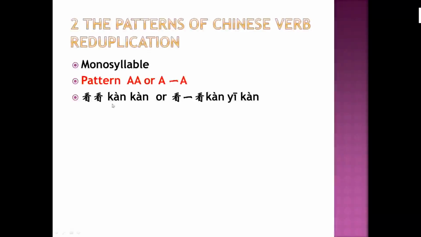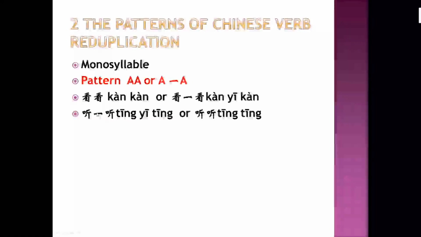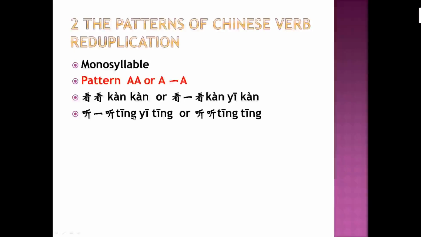You can say look in Chinese, 看看 in oral Chinese, or you can say 看一看. So both okay. And number 2, how to say listen, 听一听, or you can say 听听.